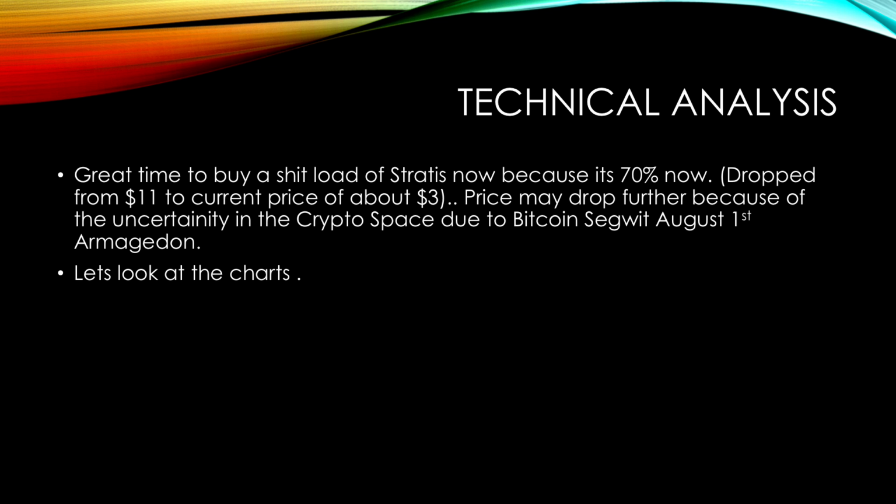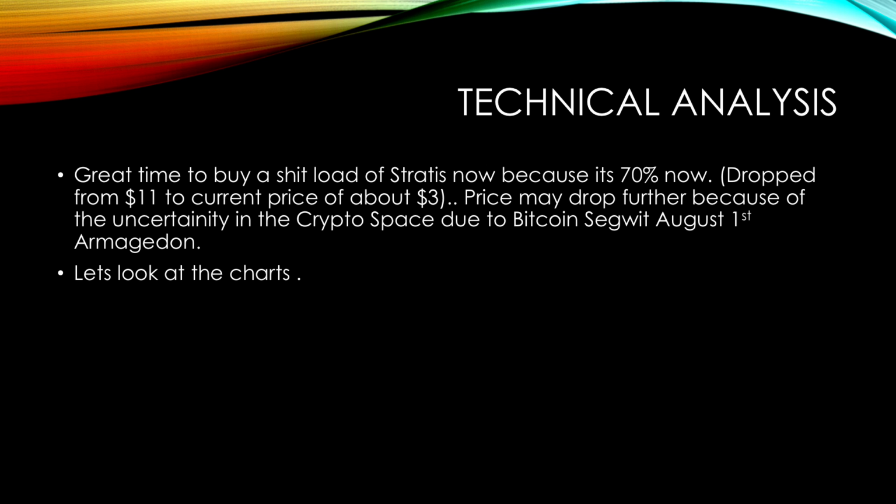So now let's look at the technical analysis, because I've been talking about the theory and all that stuff. Now let's concentrate on why you need to be buying Stratis right now. Right now is a great time to buy a lot of Stratis, because it's about 70% down. Can you believe it?